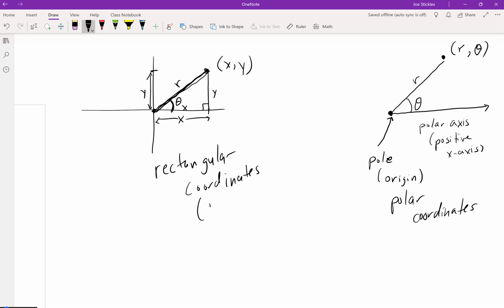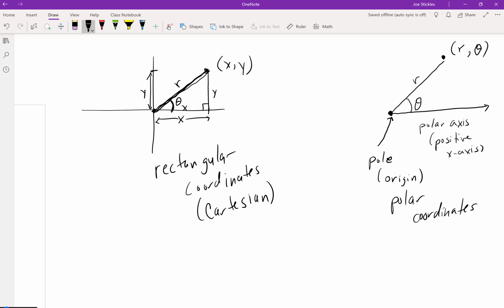It's another word for it, named after Rene Descartes. I believe Hawkes refers to them as rectangular, and I believe I refer to them as rectangular in the notes later on. So I'll try to say rectangular, but I might slip and say Cartesian because it means the same thing. All right, we have some conversions automatically just by this right triangle relationship that we've mentioned here.